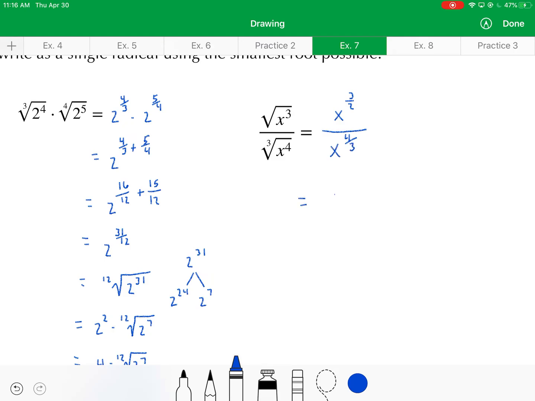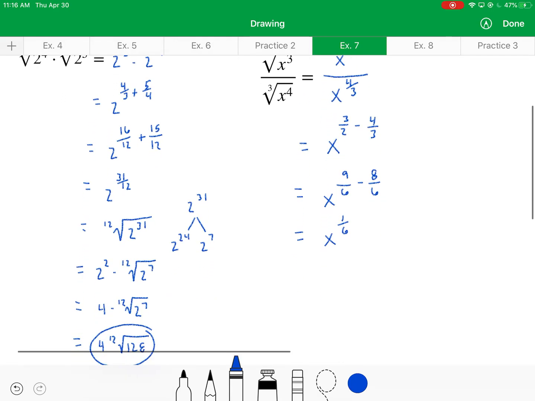And now, property of exponents in the division case here allows me to subtract the power of the numerator by the power of the denominator. Okay, get yourself a common denominator of 6. And you're going to end up with x raised to the 1/6 power, which is simply just the 6th root of x.